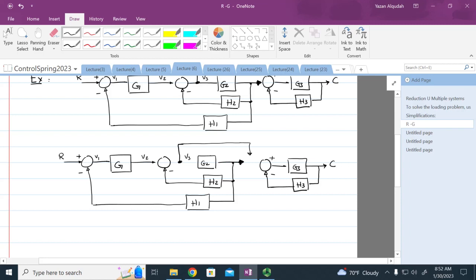G2 will stay here. Rather than picking up before G2, I'm going to pick the signal after G2. So I'm going to pick it up from here. And now I'm going to divide by G2.